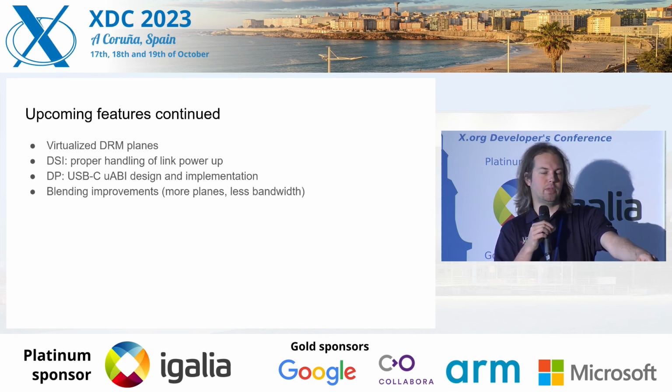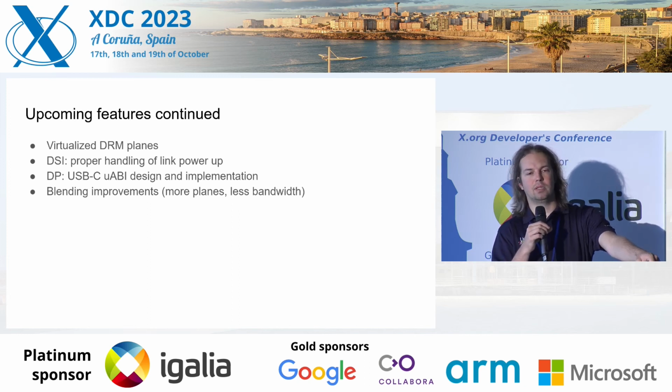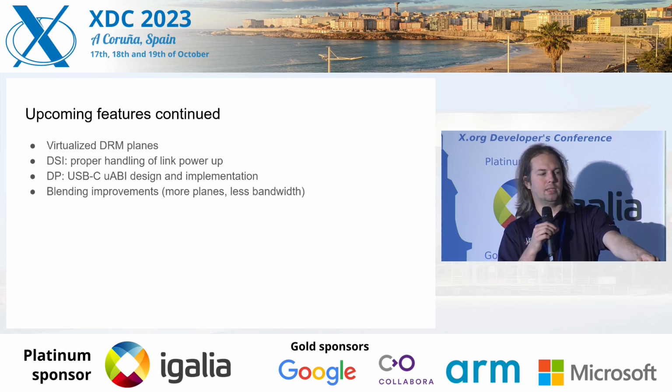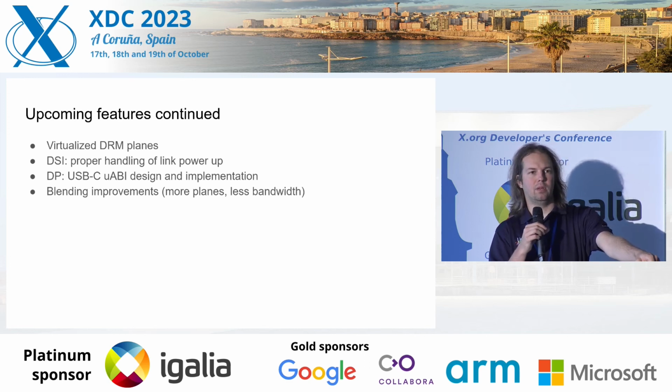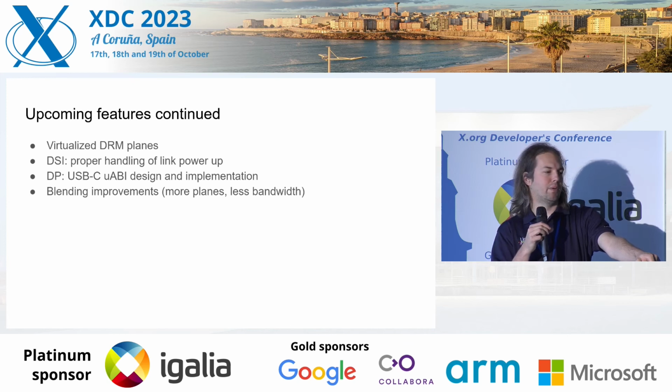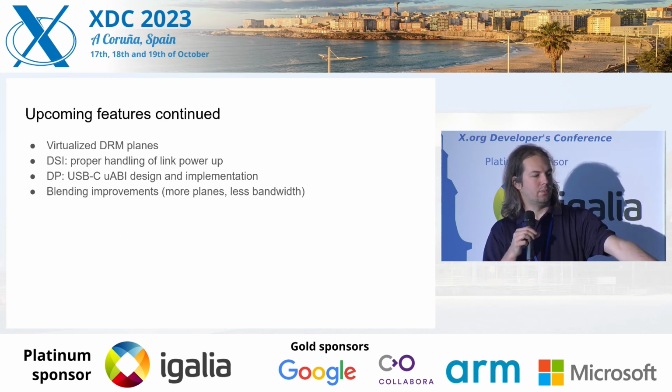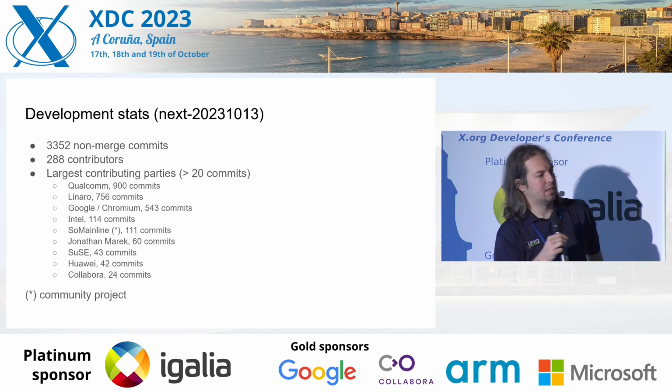There are several problems with it, so we are working on getting the user space API in a saner state. Last but not least, we are also working on blending improvements, like getting more planes and using less bandwidth, thanks to precious hardware features on the Qualcomm chips. So that's it.